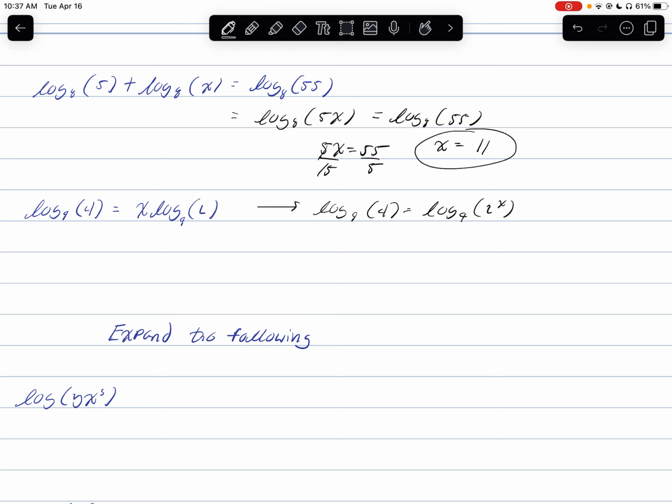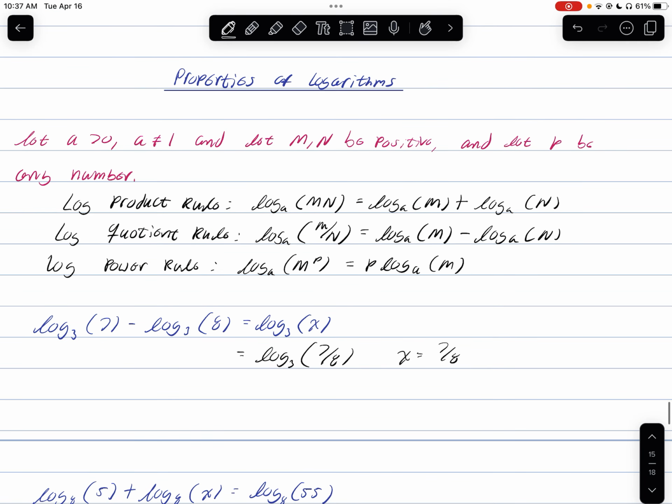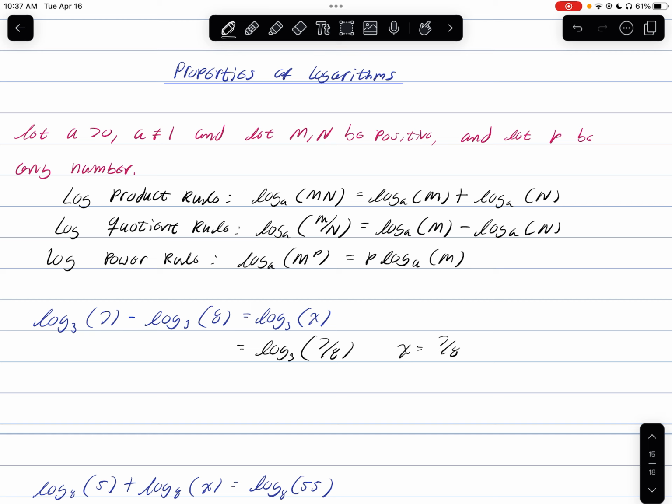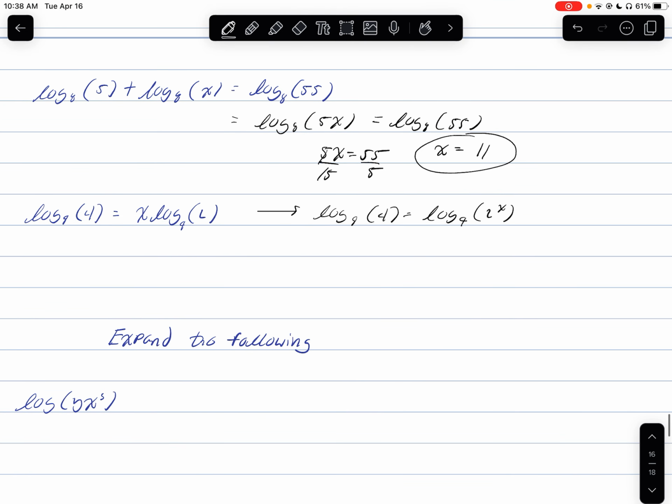We have x times log base 9 of 2, which looks a lot like our power rule, where log base a of m to the p is equal to p times log base a of m. So we can write this as log base 9 of 4 equals log base 9 of 2 to the x. Therefore, 4 is equal to 2 to the x. What number for x gives us 2 to the x equals 4? That would be x equals 2.